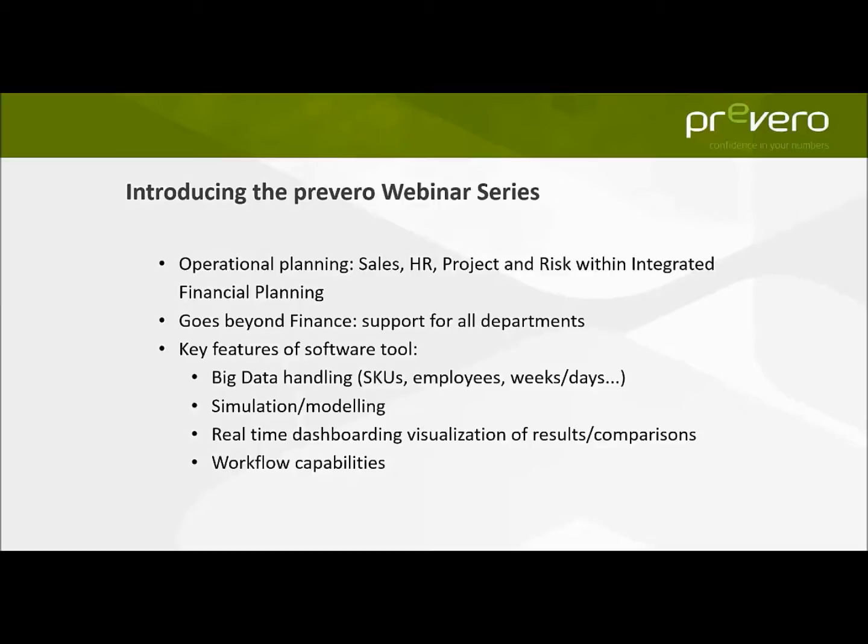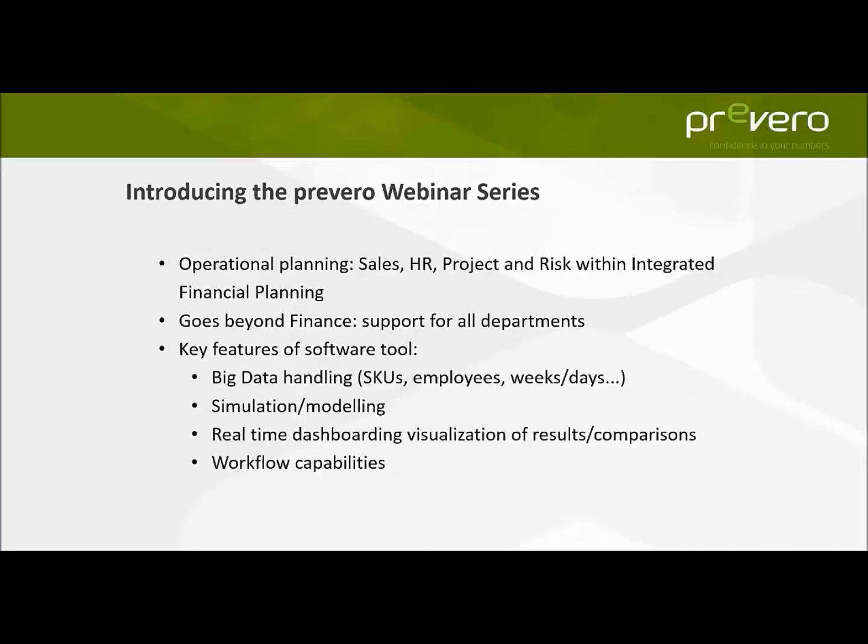So if we have to list key features of a software tool that properly support operational planning, of course the first one to be named would be the capability of managing big data like SKUs or employees, and of course a different time frame, so we're not just looking at chart of accounts or months, but we go diving into weeks or days in operational planning.